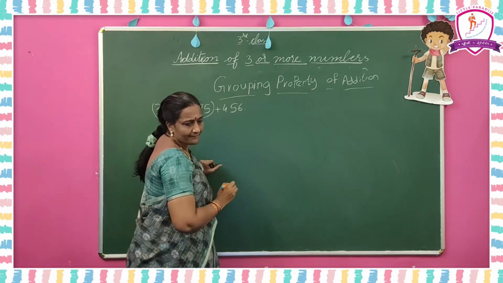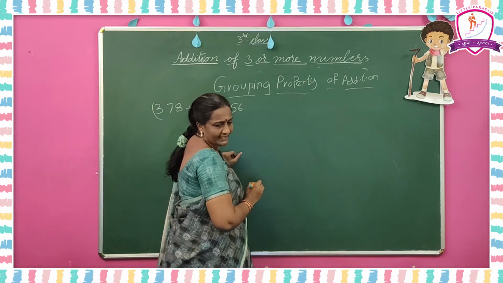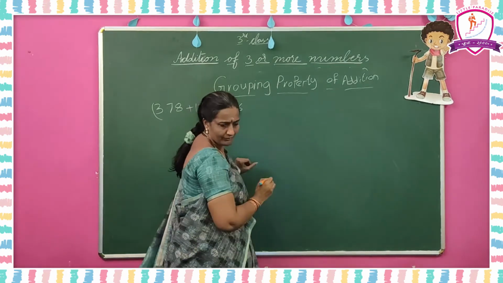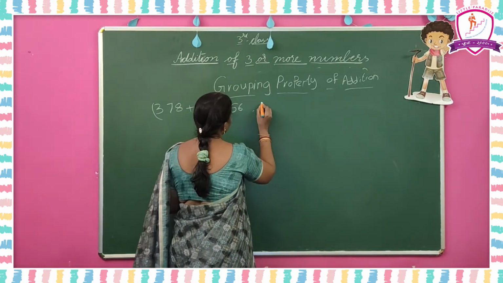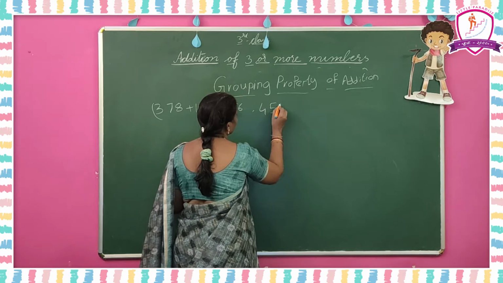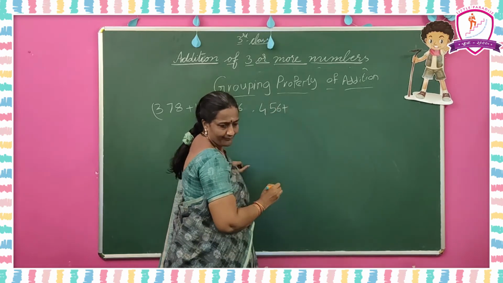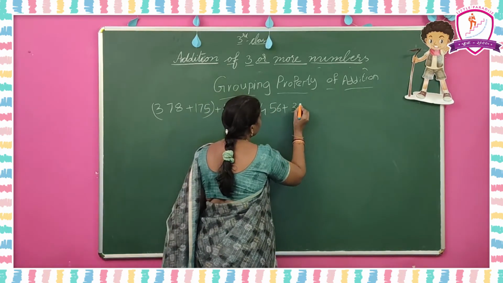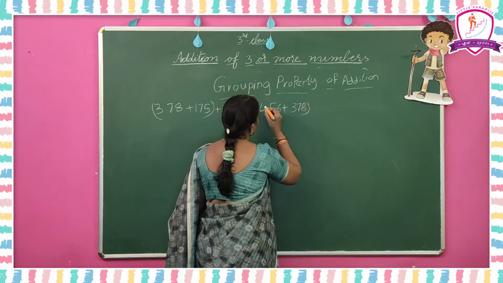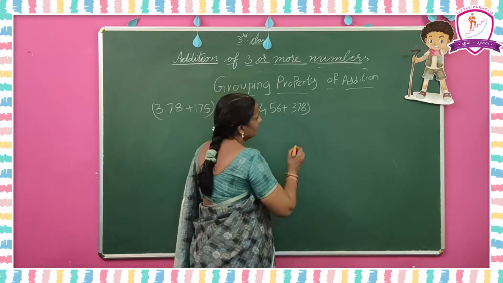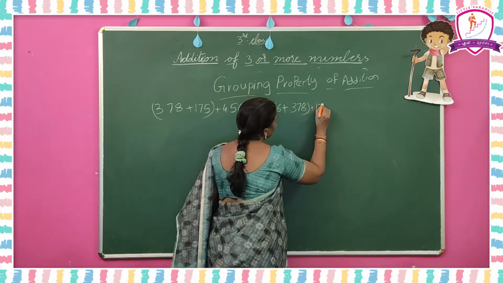Then 456 plus 378, group these 2 numbers and then add 175.